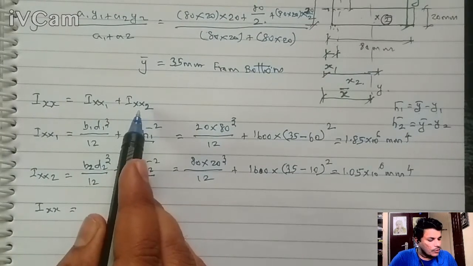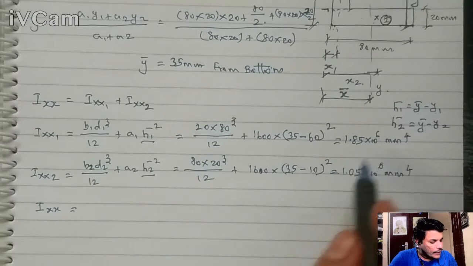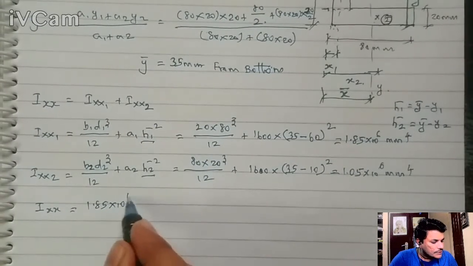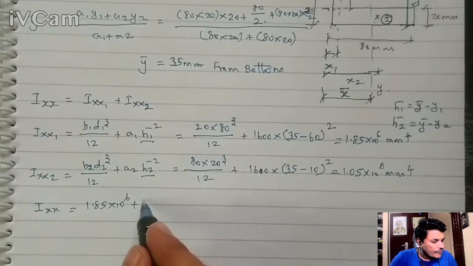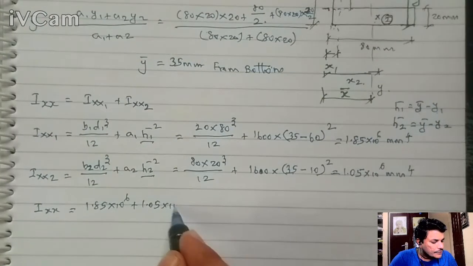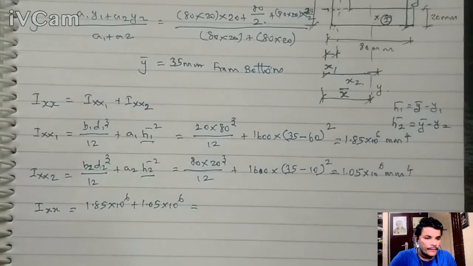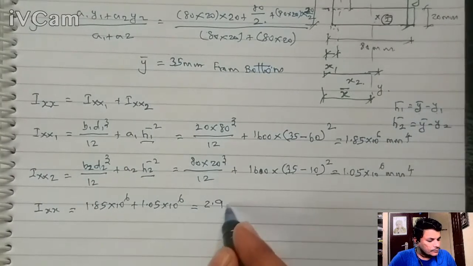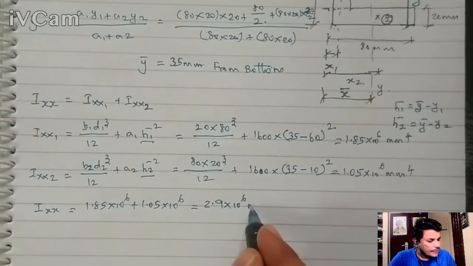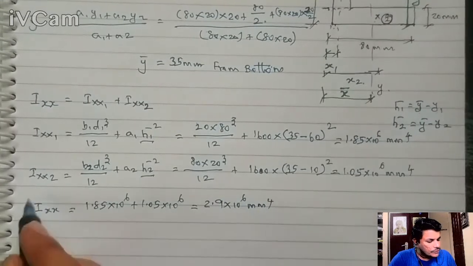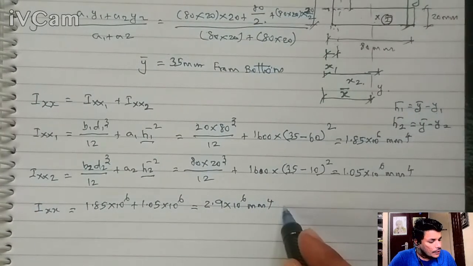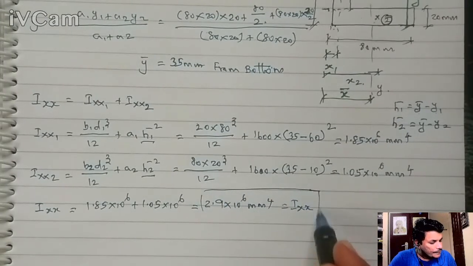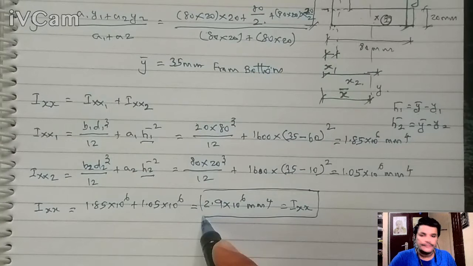So Ixx1 value I calculated 1.85 into 10 power 6 plus 1.05 into 10 power 6, which is equal to, so it comes 2.9 into 10 power 6 mm power 4. So this is Ixx, moment of inertia about XX axis.